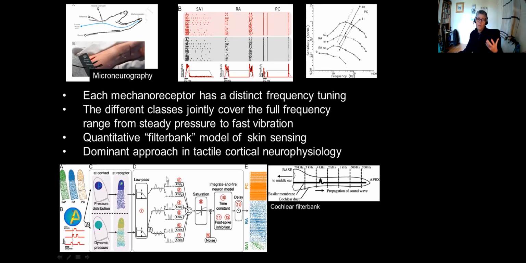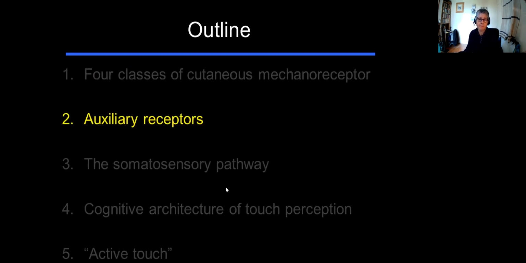This is now the dominant approach in tactile cortical neurophysiology. It's a time domain approach. It's resolved according to the frequency preferences of the different receptor classes, and it has some quite powerful transfer function models. So you can pretty much model what's going to reach the brain for any given tactile stimulus.